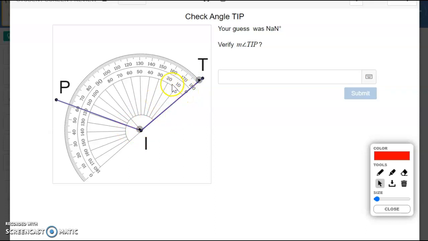So I should be using the inside numbers because the outside numbers are going down. That's not going to be helping me. It's the inside numbers. When you're measuring, you always start measuring from 0 all the way to whatever the number. Okay, so this tells me 110, 120, so it's right on 120. So my guess is 120 here. And submit.